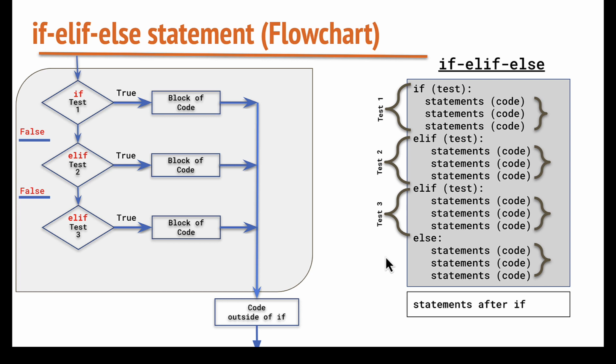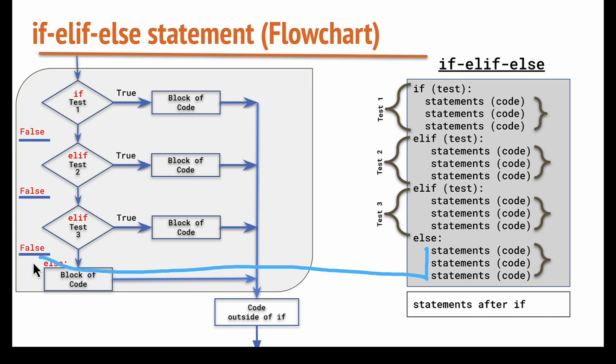And then if all the conditions are not met, we have our final component here, which is the else. You notice that we don't have any conditions, although you can have additional conditions if you need to. Then it will execute this block of code, just like we see here, and then it drops out.